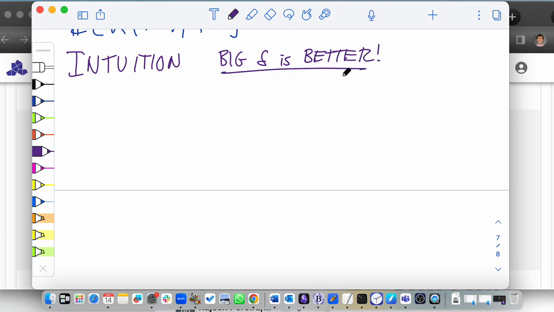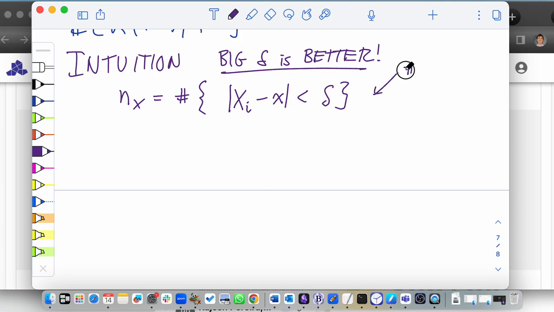It turns out this is wrong, but there is a kernel of truth to it. Having a bigger delta means you are using more points. So I'm going to let nx be the number of points such that |xi minus x| is less than delta. That is the number of points in the window around x. So for a given delta, how many points do you have?